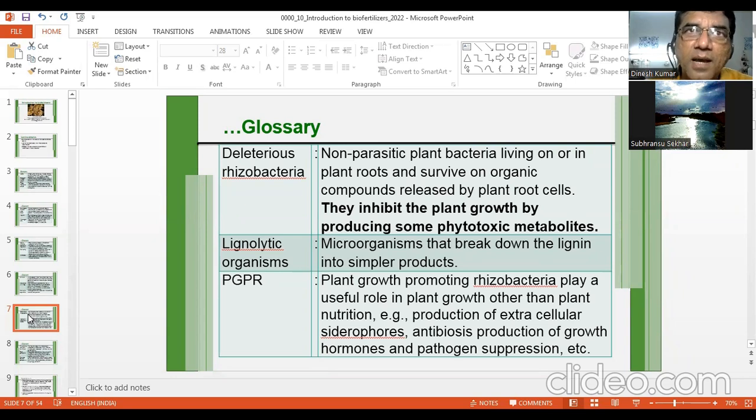If you treat the rice seed with rhizobium culture, Rhizobium leguminosarum, variety trifolii, whatever it is, Rhizobium leguminosarum has been tried on rice seeds, and it has been found to have PGPR effects. This rhizobium has been considered as a plant growth promoting rhizobacterium for rice.